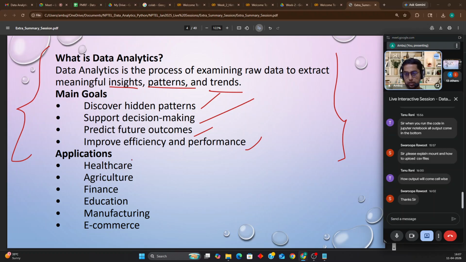Okay. Applications are there in healthcare, in agriculture, in finance, in education, in manufacturing, e-commerce as well as everywhere. Because data is the new gold.